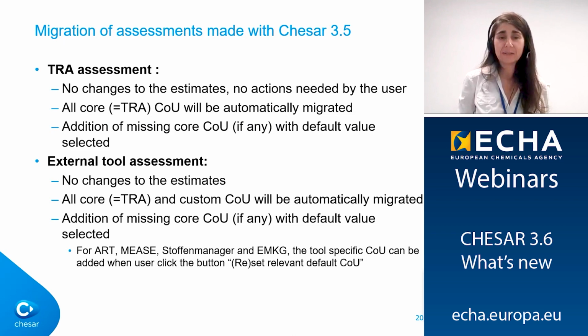If you have to migrate external tool assessments instead, first of all, you will not have any changes in the estimates. Then all core conditions of use will be automatically migrated, and there will be the addition of the missing conditions of use with the default value selected, as for the TRA. For ART, MEASE, Stoffenmanager, and EMKG, the tool-specific conditions of use can be added when the user clicks a specific button that you will see during the demo of Chesar 3.6.